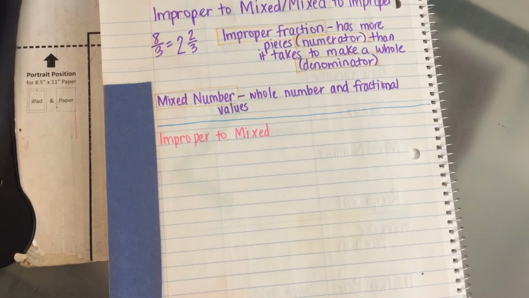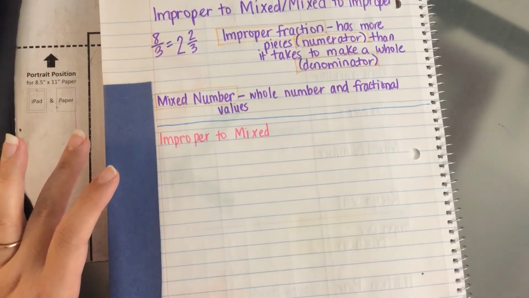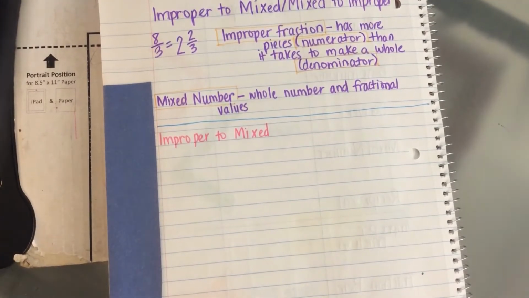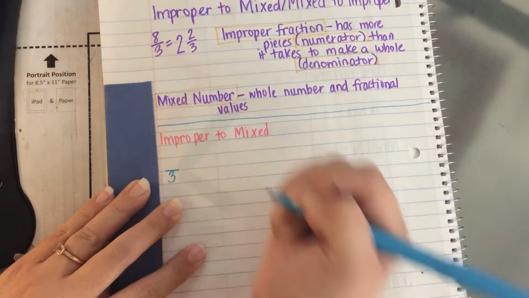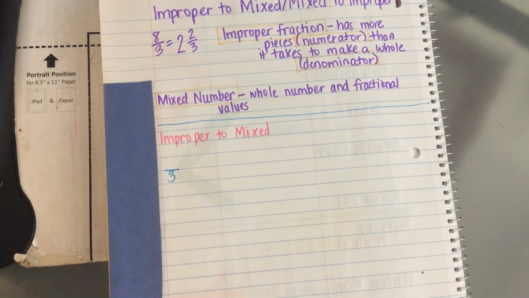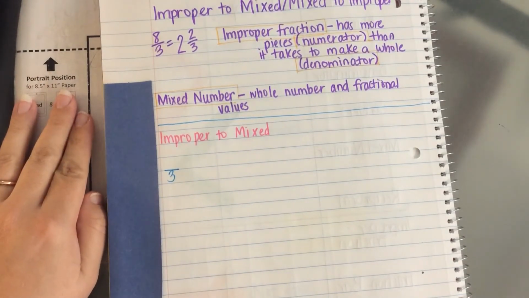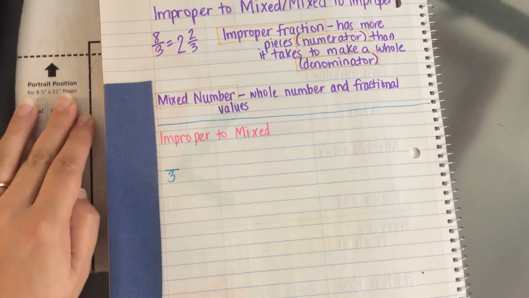Trinity, give me a number, just a number. It could be any number you want. 3. Okay. And Kaden, give me a number that is bigger than 3. How about a 2-digit number? 10. What was that? 10.